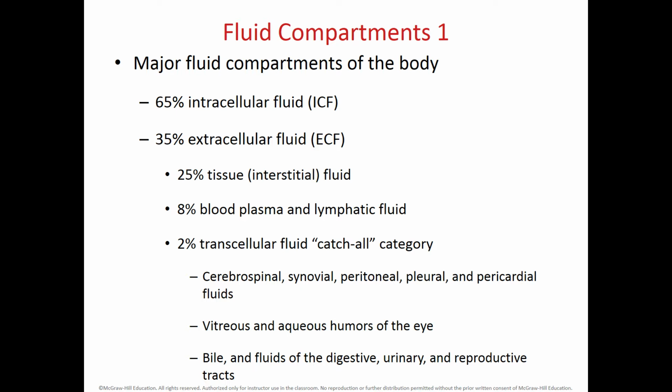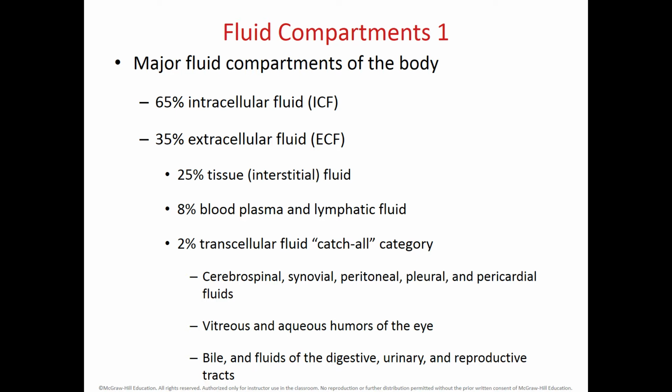Now, the extracellular fluid is subdivided into different compartments. So we have the tissue or interstitial fluid, which makes 25% out of that 35% that your book talks about. For the other percentages, we have 8% within the plasma and the lymph fluid, and then we have 2% of fluid within the transcellular category, which is also called the catch-all.